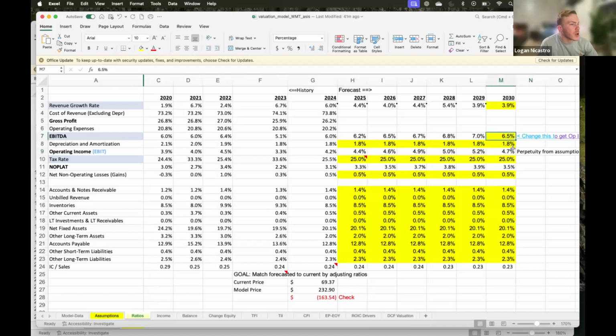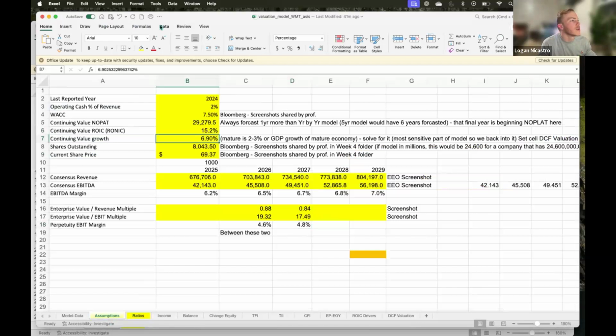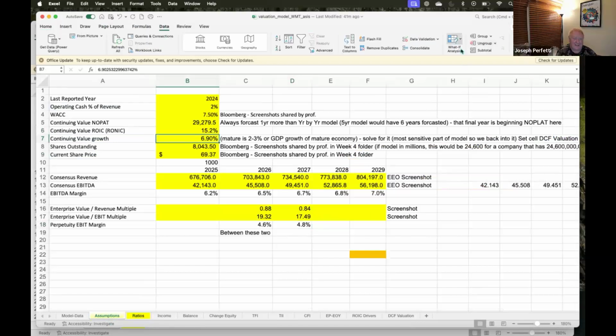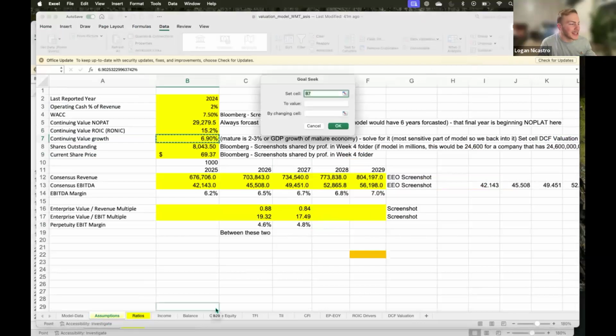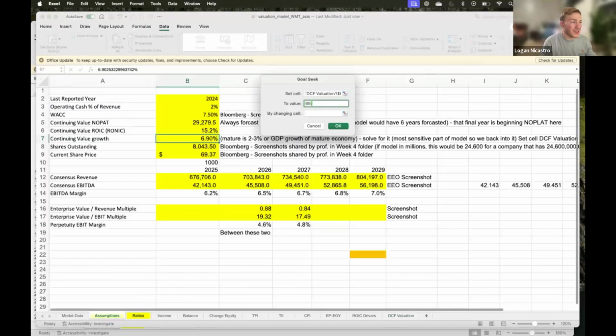So 6.5, that obviously changes things a little bit here. So let's go back here real fast. Yeah, you're going to get a far different growth rate when you goal seek, which makes a lot of sense, because I thought that was pretty impossible that they were going to see a 69.67, I think it was, or something.